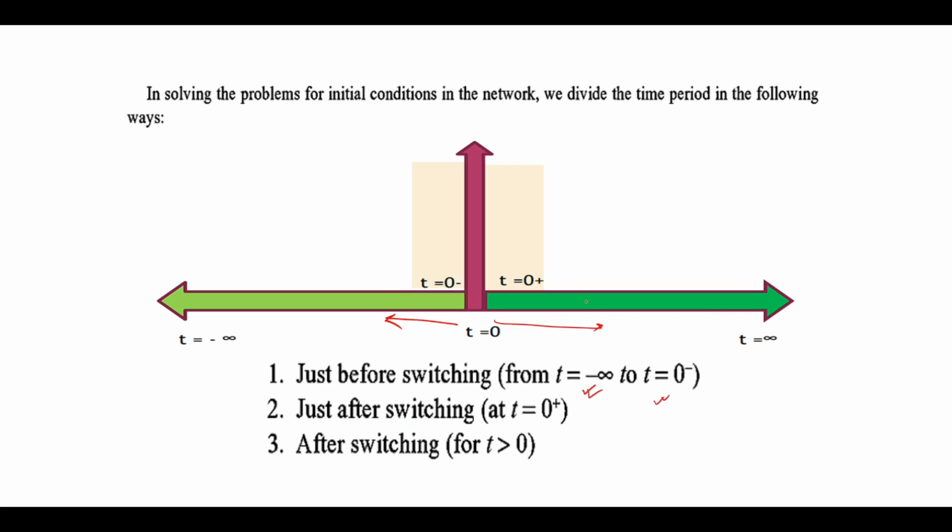Then after a certain period of time, that is t greater than 0. So this region is t equals 0 minus, this region is t equals 0 plus, and this area is t greater than 0. If we know the circuit just before switching, we can determine the initial value at the switching instant. These initial values are the starting point of the transient analysis.